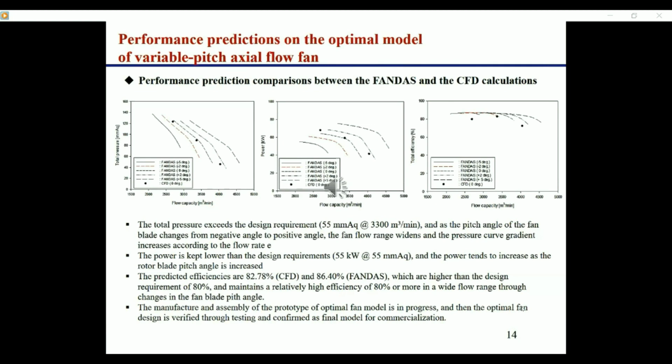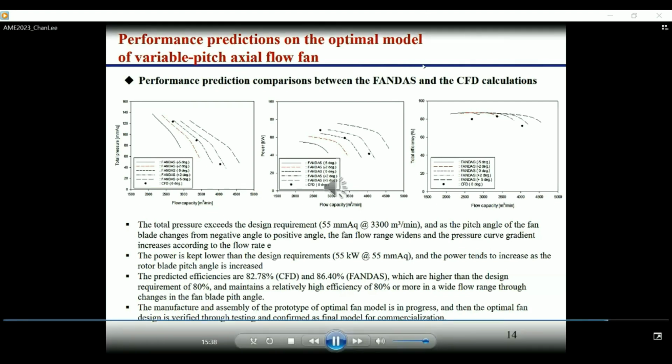The manufacture and assembly of the prototype of the optimal fan model is in progress, and then the optimal fan design will be verified through testing and confirmed as the final model for commercialization.